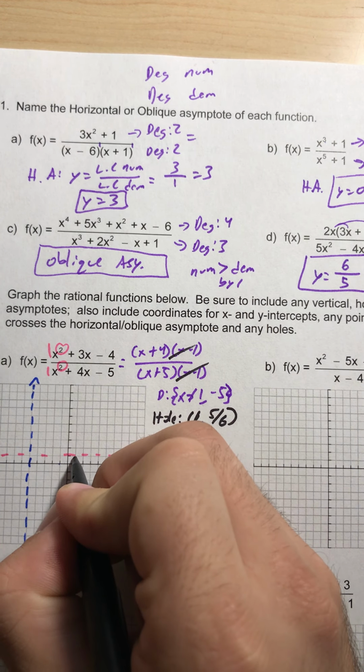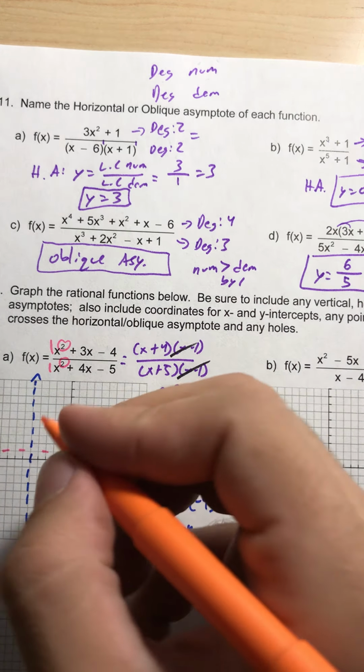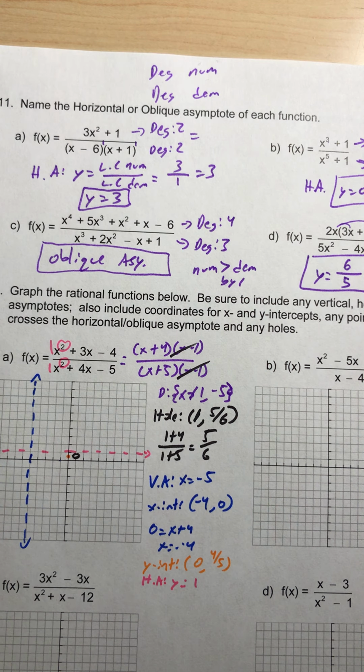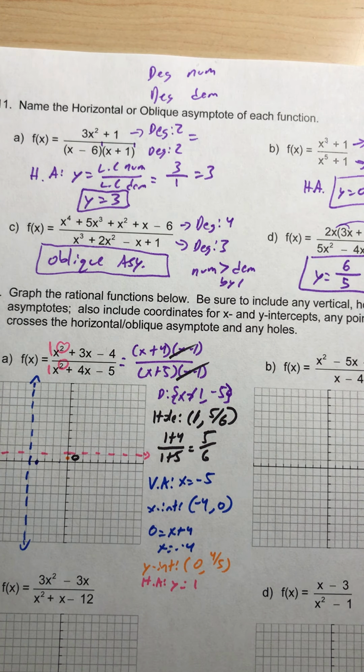So I know that's just kind of below my horizontal because it's below 1. I'll plot my y-intercept, which is (0, 4/5), and I have an x-intercept of (-4, 0). All right, so that's all I have. I have a lot of information down below, so I just need to connect my graph now.